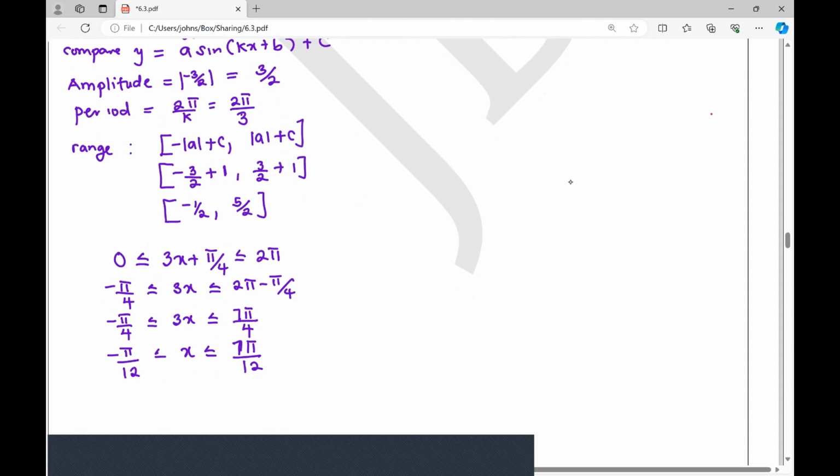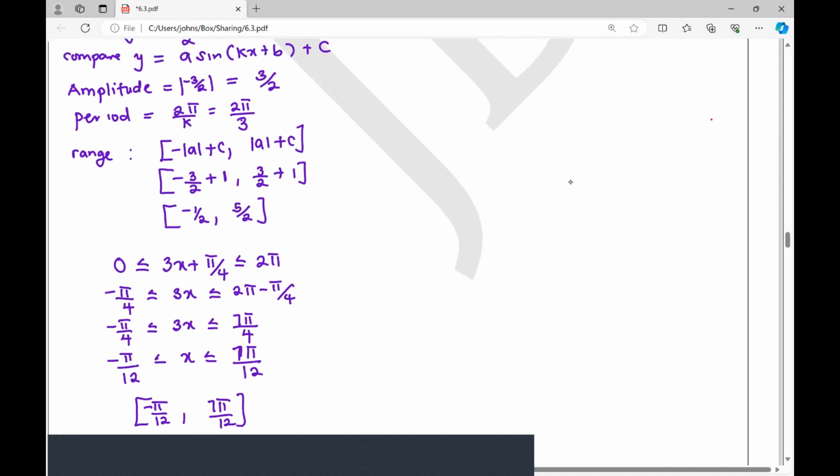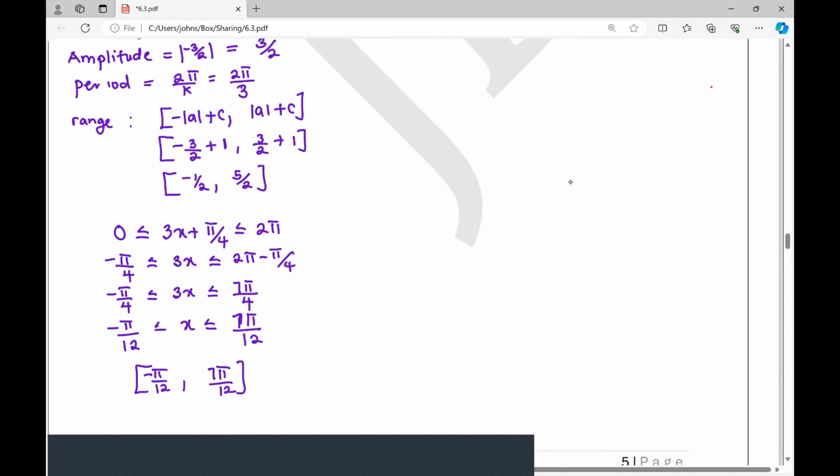So it means our interval is going to be, the values of x are going to be from minus pi over 12 to 7 pi over 12. All right. And now you can see that our horizontal shift is going to be just this one, which is minus pi over 12.